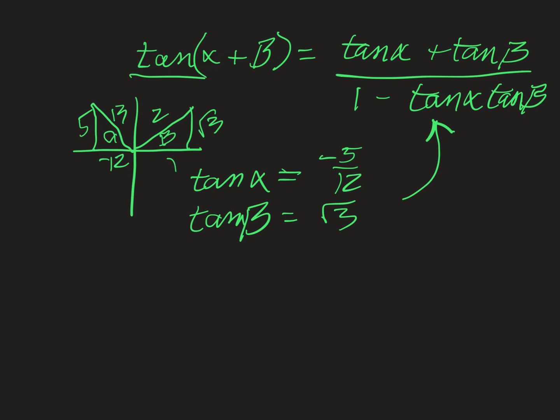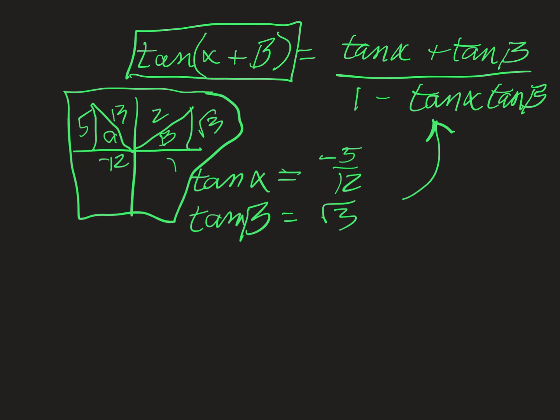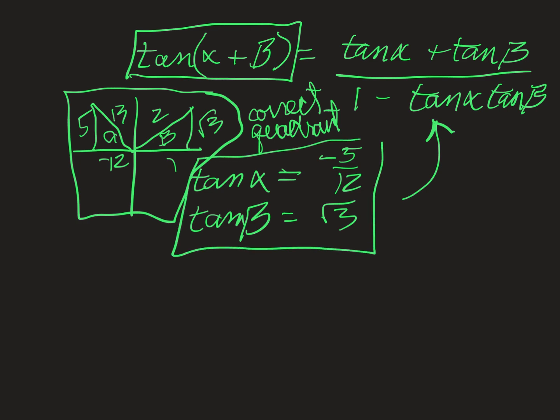So no matter which one they give you, by doing the right triangle work, paying attention to the correct quadrant where things are at, you're going to be able to find the things that you need. And this would be if they told you what sine alpha and cosine beta were.